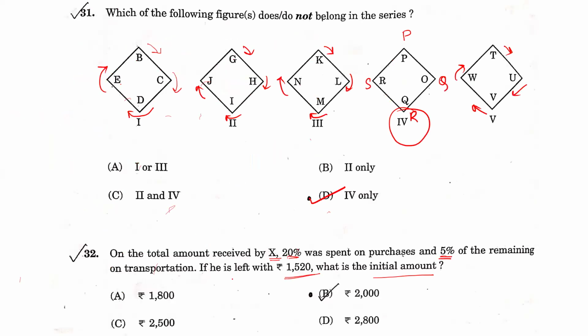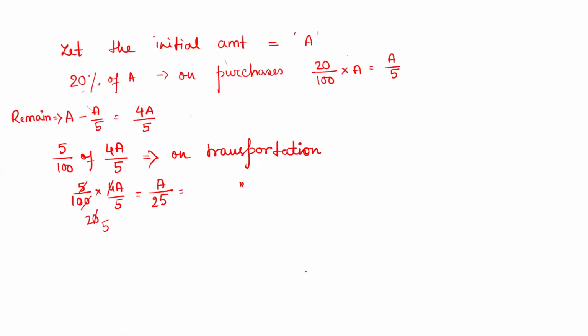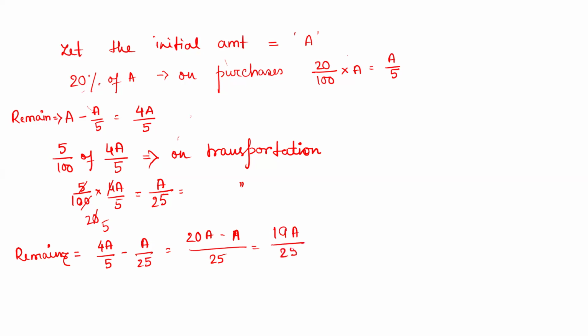Okay. Now he is left with rupees 1,520. So now what is remaining? 4A by 5 minus A by 25, which is equivalent to 20A minus A by 25, which is equal to 19A by 25.